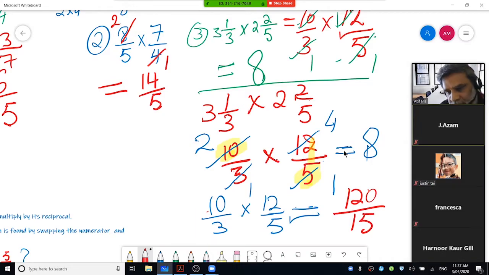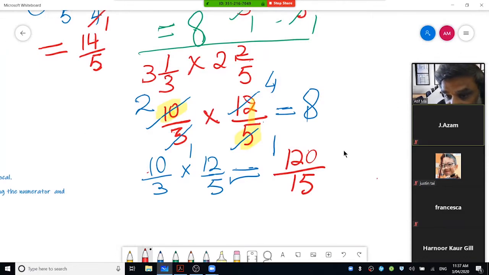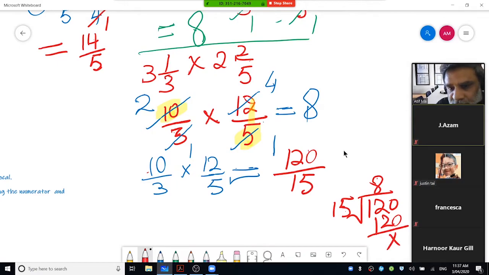If you divide 120 by 15, it is 8, because it comes in the table of 15. So this is another way. If you are not very comfortable with dividing, you can do it like this also. It would be the same answer, but by simplifying as we did before, it's easier. So it is always good if you can simplify.